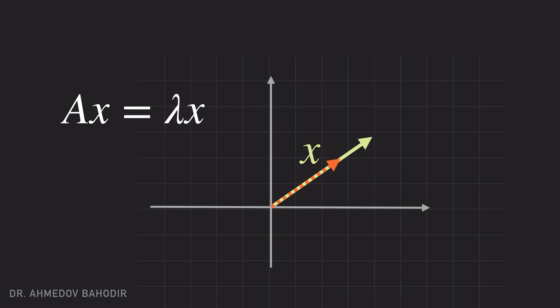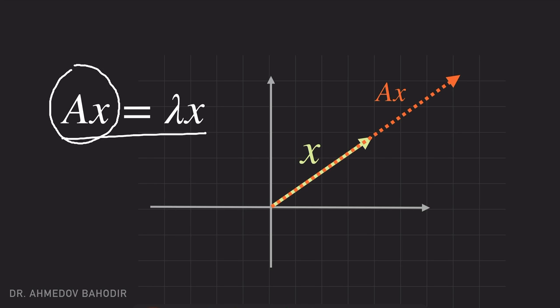Let's say x is a given vector, and Ax is going to be another vector, which is going to be parallel to the same vector. So this is what this equation means. If you multiply the vector x by the matrix A, it's going to be again a vector.